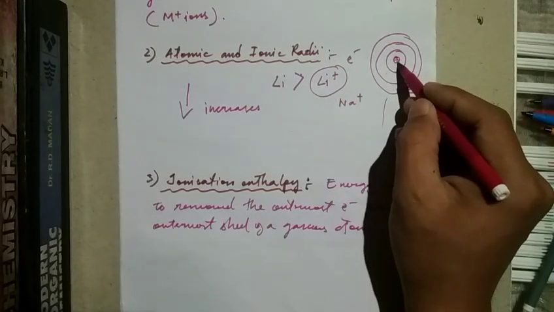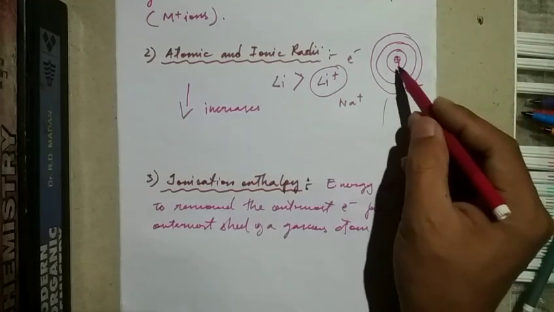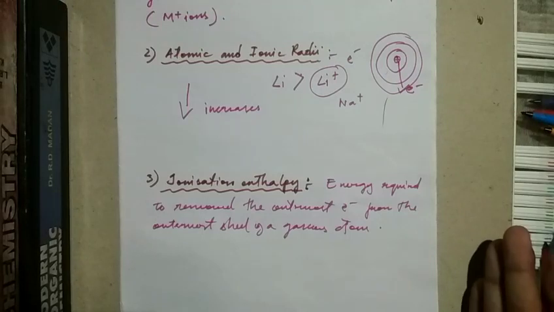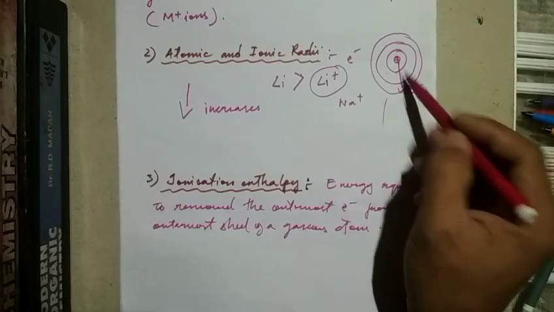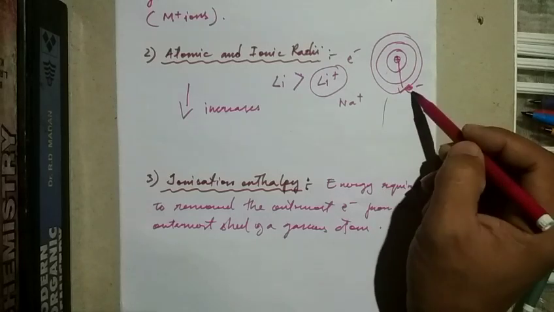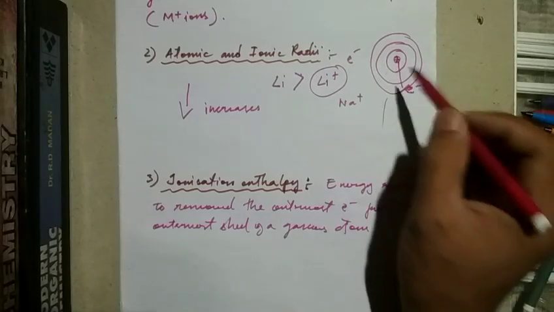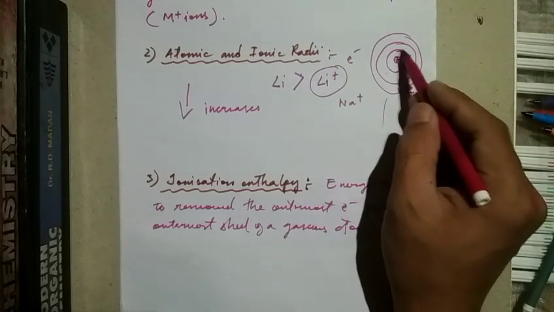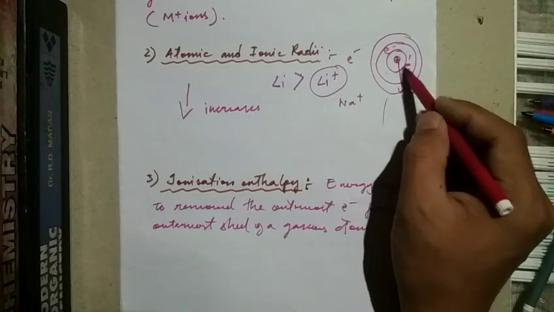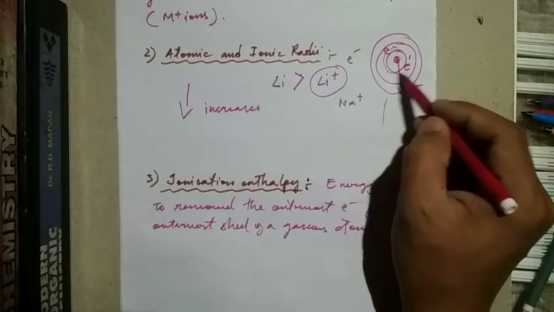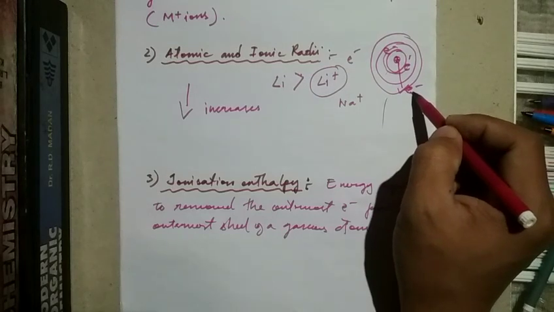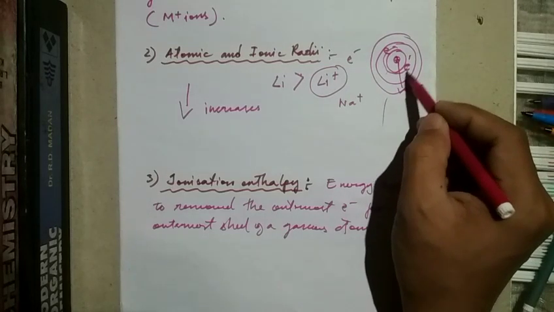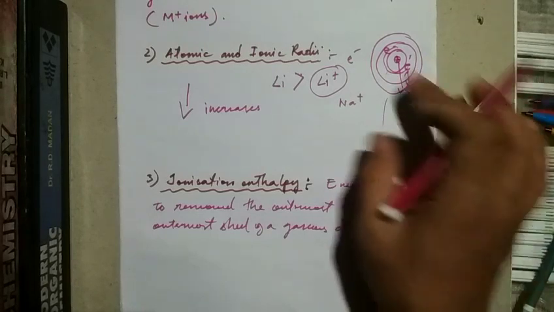The distance between the nucleus and the electron increases, and therefore there is less attractive force between them. Electrons are also present in the inner shells, and these electrons act as a shield towards the outermost electron, repelling it away from the nucleus.